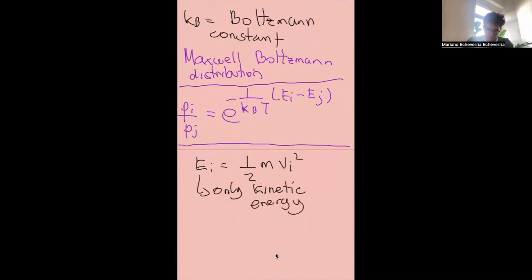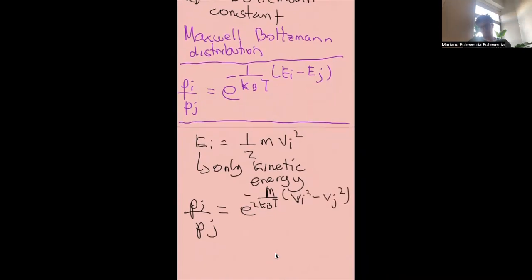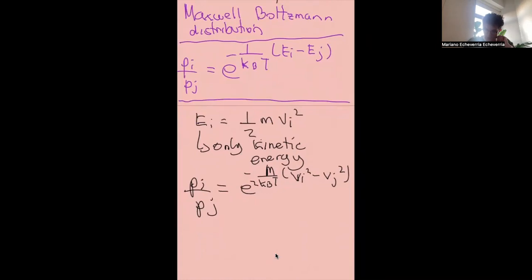You get that the ratio of the probabilities involves the inverse temperature, and since the mass is constant, you get mass over 2 times (v_i squared minus v_j squared).